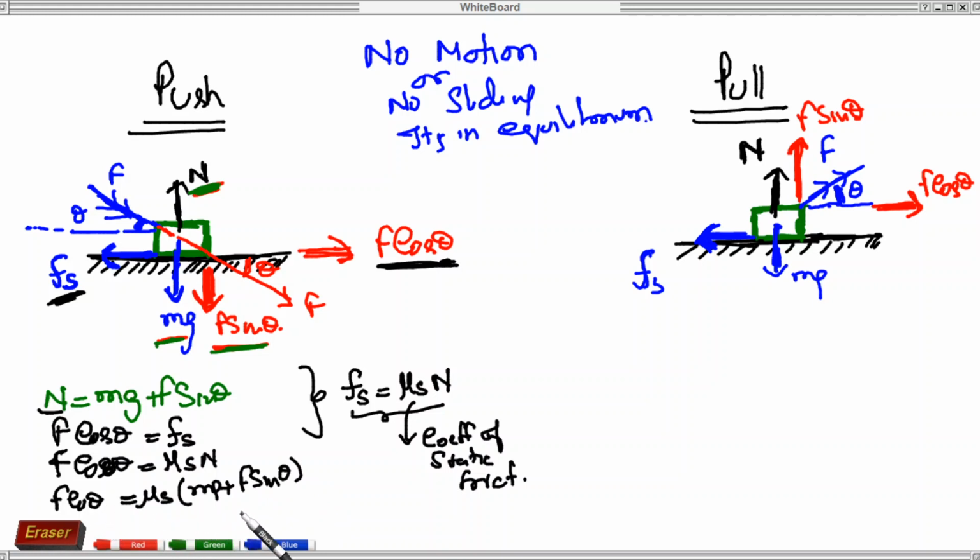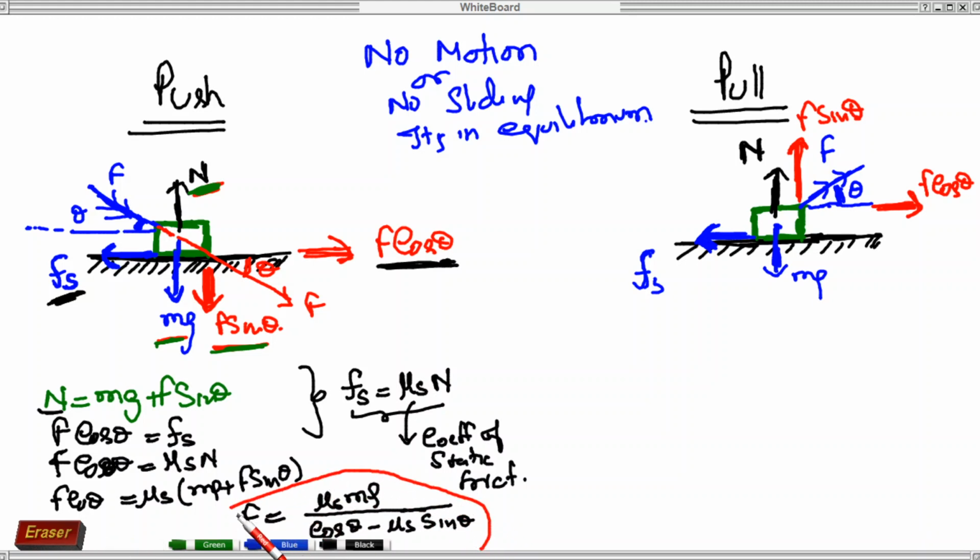When we substitute it, F comes out as mu s mg over cos theta minus mu s sin theta. This is the equation we got from the push part. This is the maximum force which can be applied on this block so that there is no motion.